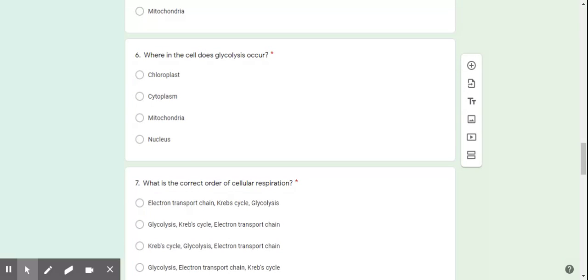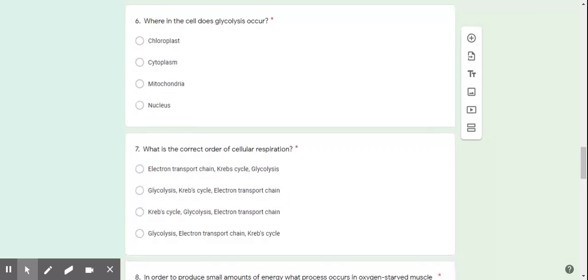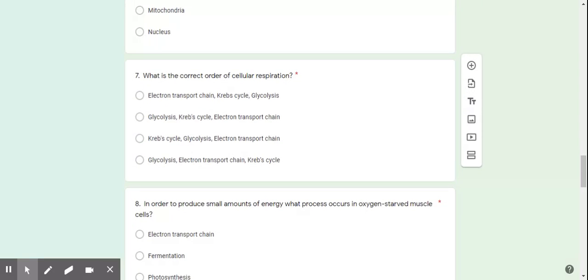Number 6, where in the cell does glycolysis occur? Chloroplast, cytoplasm, mitochondria, or nucleus? Number 7, what is the correct order of cellular respiration? Electron transport chain, Krebs cycle, glycolysis?